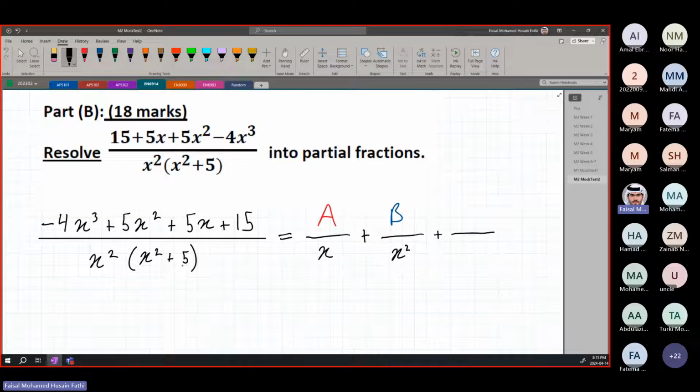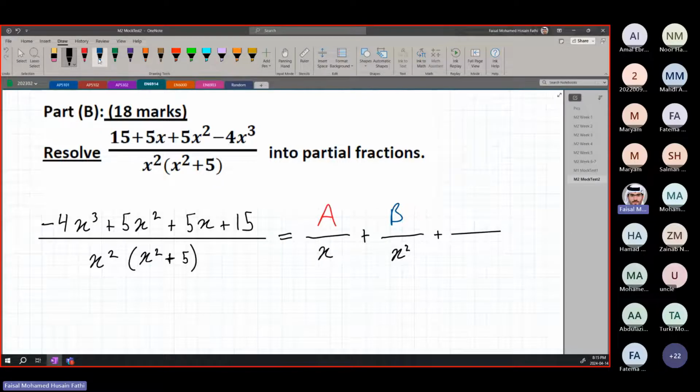X squared plus 5, okay? You can check this in your calculator, or you can just directly look at it. When you have x squared plus 5, there's no extra x. When it is a positive value, we know that this is quadratic, but you cannot factorize this anymore. Why? Because it's addition, you're going to get imaginary roots. In other words, you cannot factorize this in any easy way.